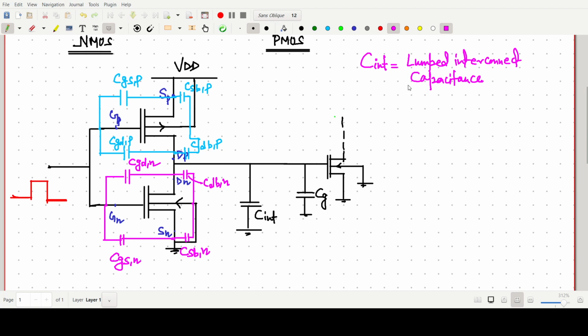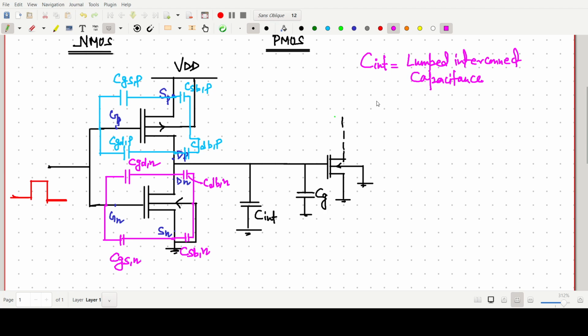It represents the parasitic capacitance which contributes from the metal connection between the two inverters.